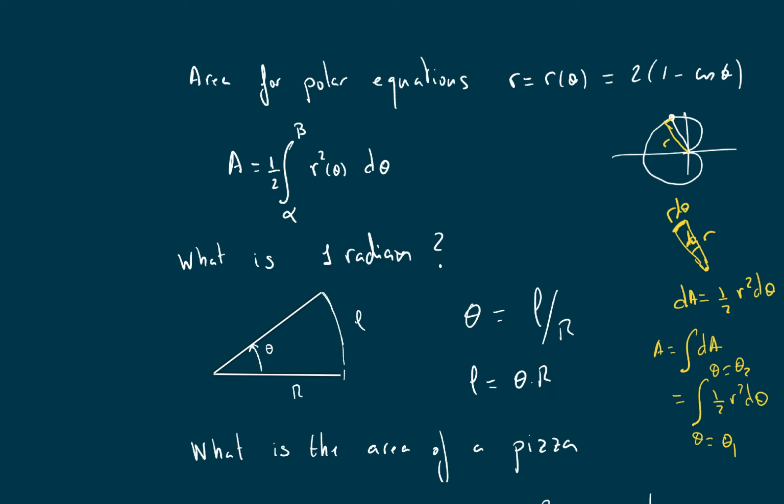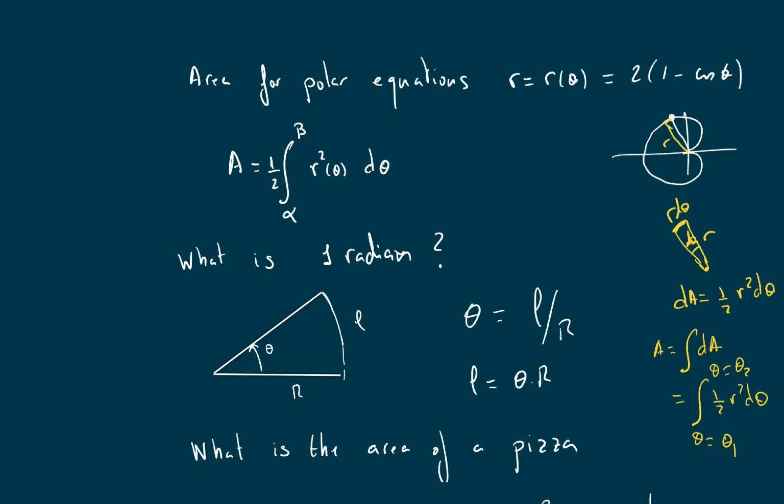When you rotate an angle theta, the relation is that the arc length L is theta times r. So theta is L divided by r. So if theta is 1 radian, it means that this r is 1 meter and this L is 1 meter, in a way that 1 divided by 1 is 1.